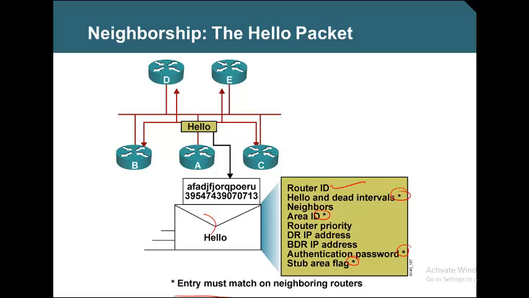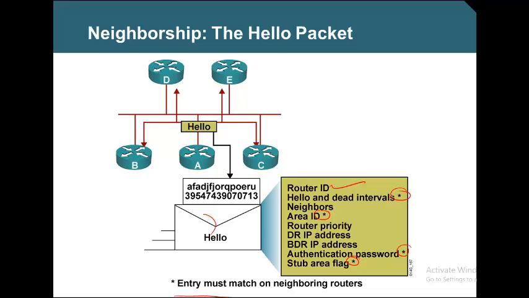Likewise, OSPF also sends the neighbor list in the hello packet. For example, when A sends a hello, in that hello, A's neighbors, let's say B and C are neighbors. A will say hello to a multicast address only.